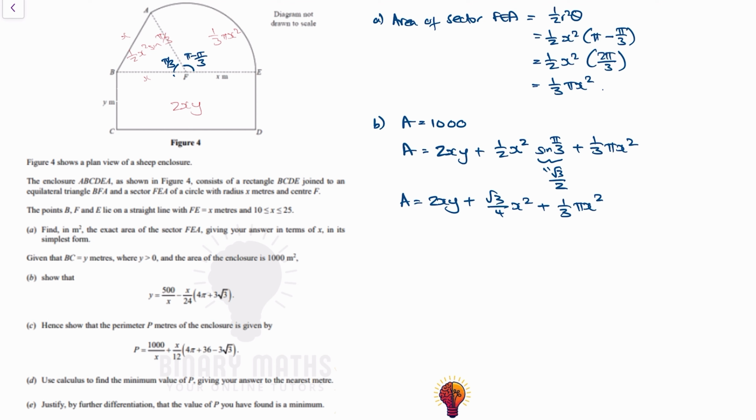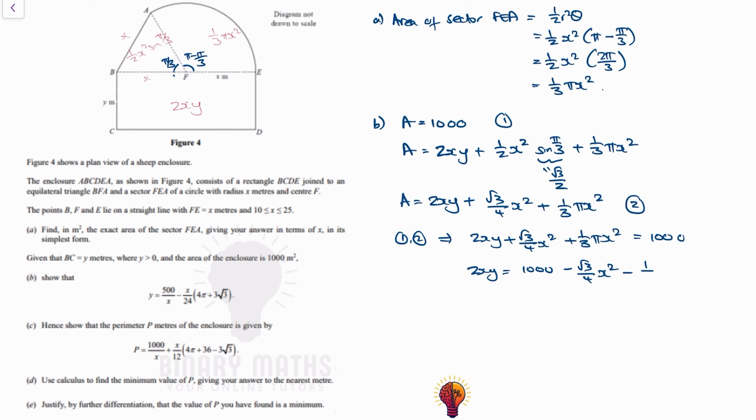So if I combine 1 and 2, then 2xy plus root 3 over 4 x squared plus a third pi x squared is equal to 1000. I want to make y the subject of the formula. So 2xy is equal to 1000 minus root 3 over 4 x squared minus a third pi x squared.